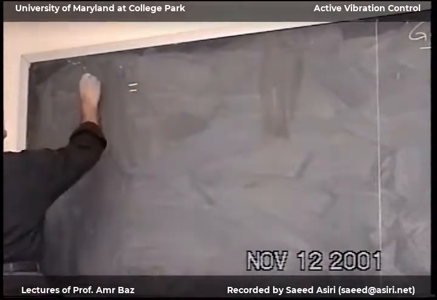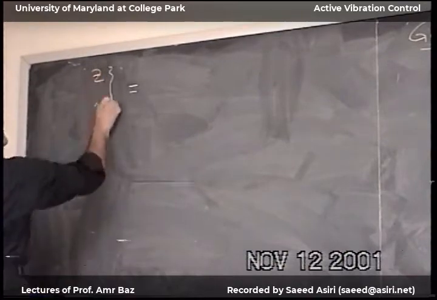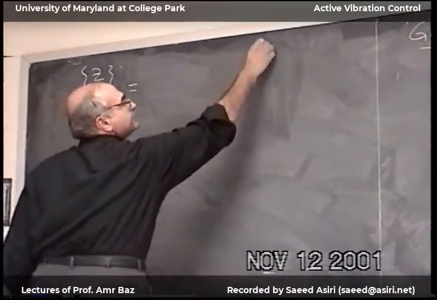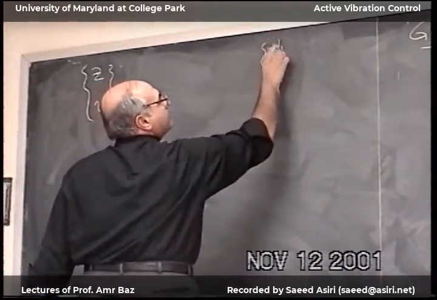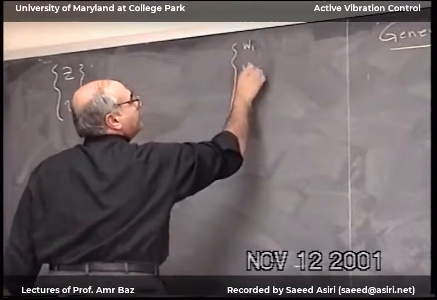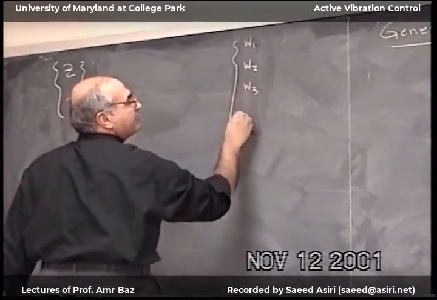The output is Z and V, and the input is W1, W2, W3, and U.